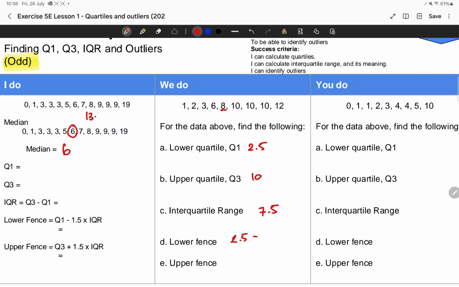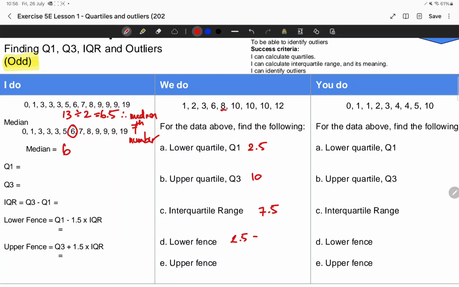So 13 divided by 2 is 6.5. Therefore, the median is the 7th number.